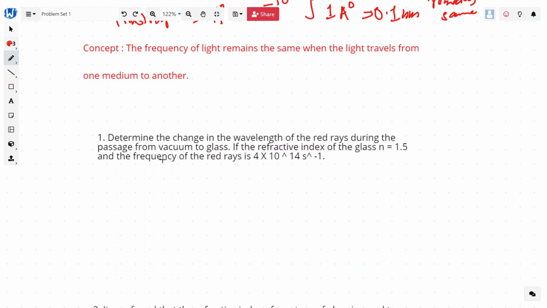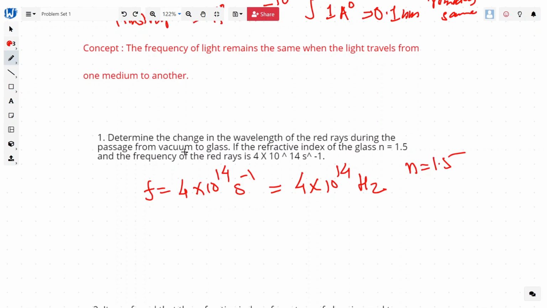So frequency f is given, which is 4 into 10 to the power 14 hertz. The refractive index of the glass is given, which is 1.5, and we have to find the wavelength of the light.